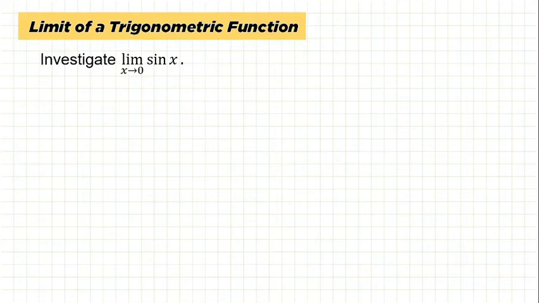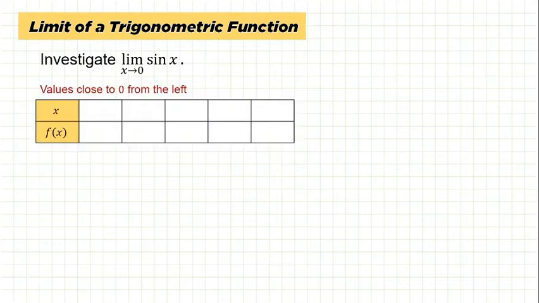So we will have here values close to 0 from the left. So we have the values negative 1, negative 0.5, negative 0.1, negative 0.01, negative 0.001. So as you can see, there is no unit of measurement here.